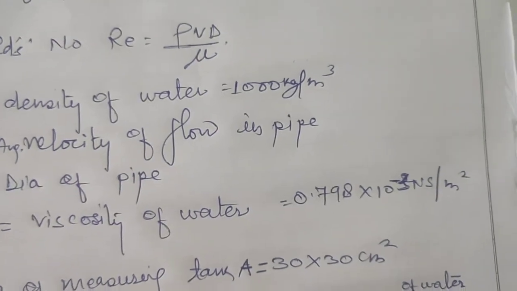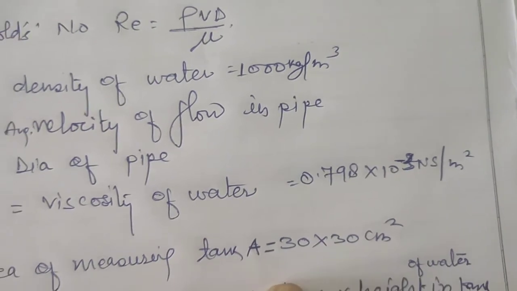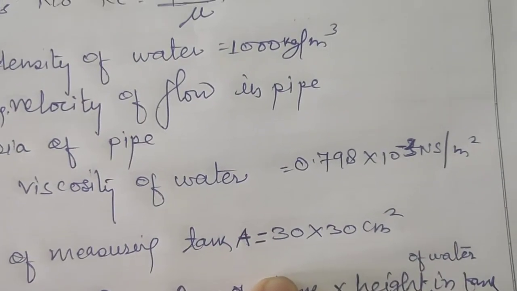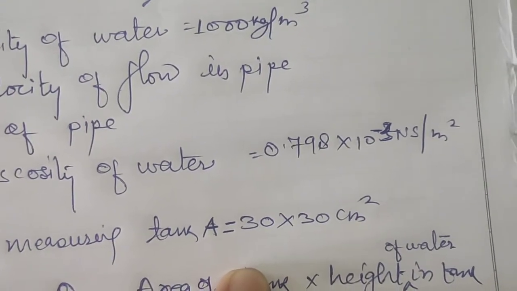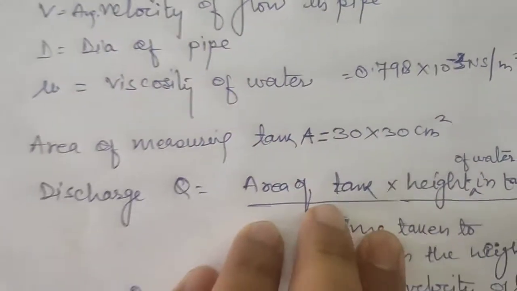The value of viscosity is 0.798 into 10 to the power minus 3 Pascal second. And the area of measuring tank we already know because it is the same as in the previous experiment, that is 30 centimeter into 30 centimeter.